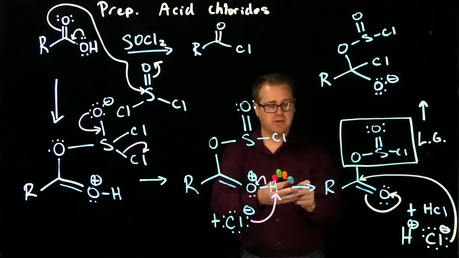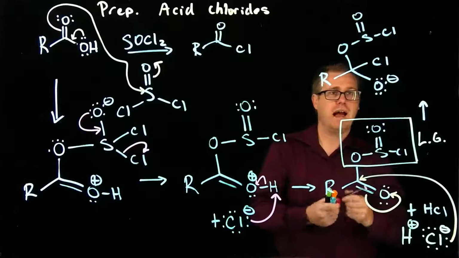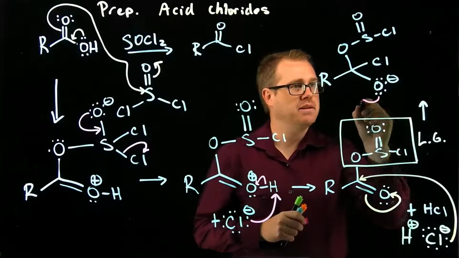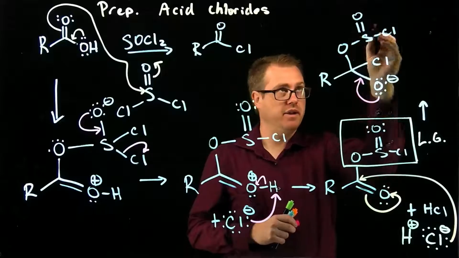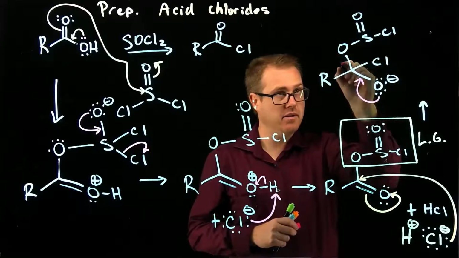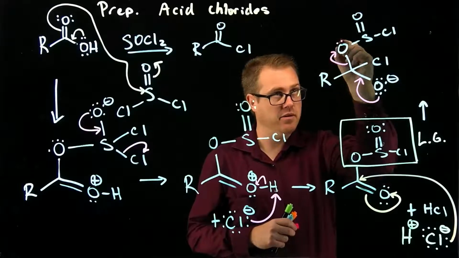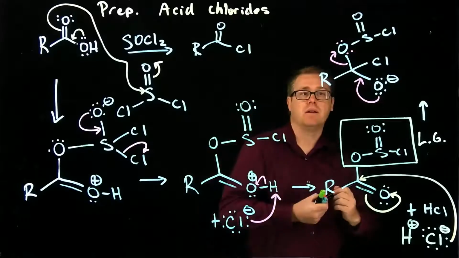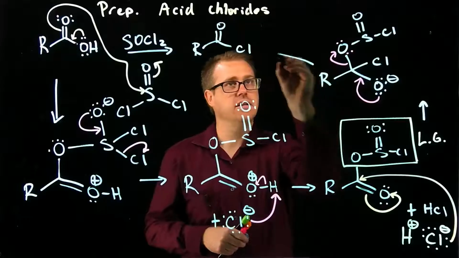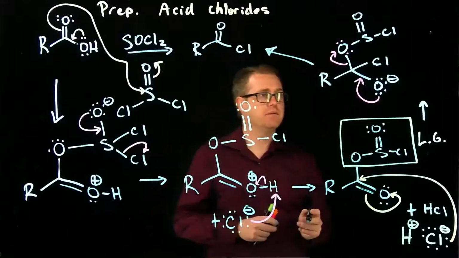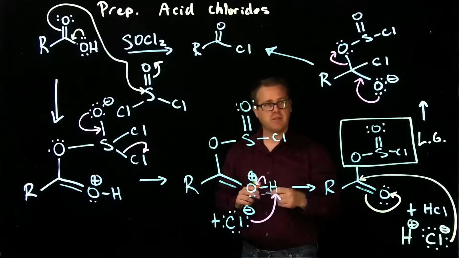We have a tetrahedral intermediate. Look what happens. We collapse it back down. Which is the better leaving group between this chloride and this one? Well, this one is the better leaving group. And look at that. That gives us our product. Isn't that pretty clever?